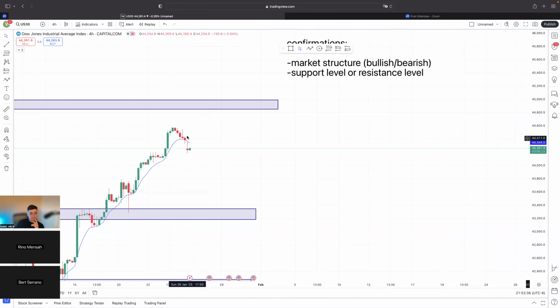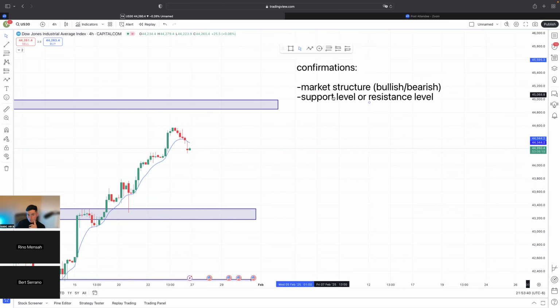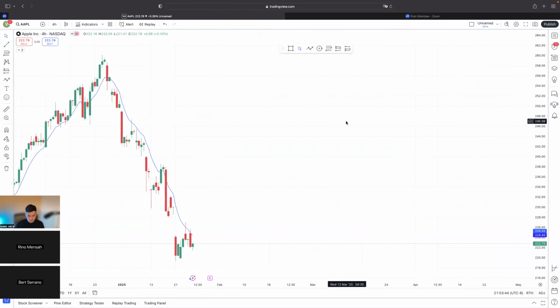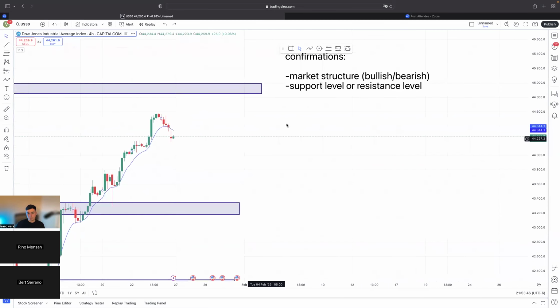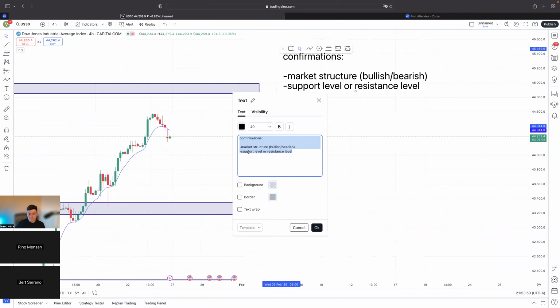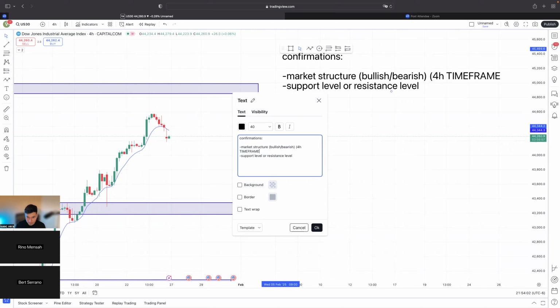So if I were to be trading tomorrow, like let's say we are about to trade right now, okay? We are in a 4-hour time frame. So remember, look for your confirmations. I forgot to put this right here. Always do this on the 4-hour time frame.